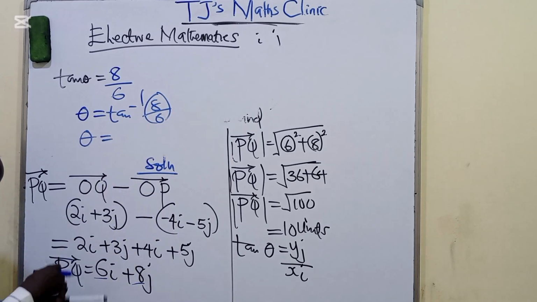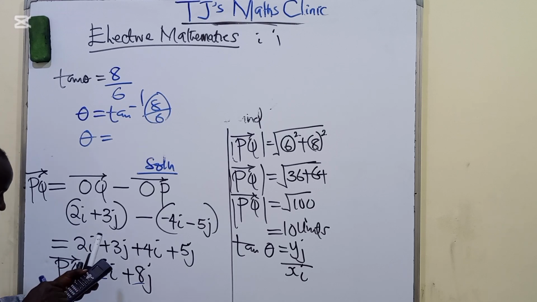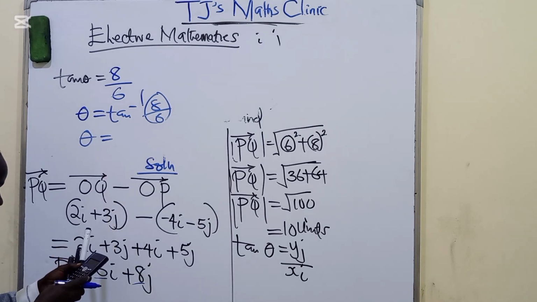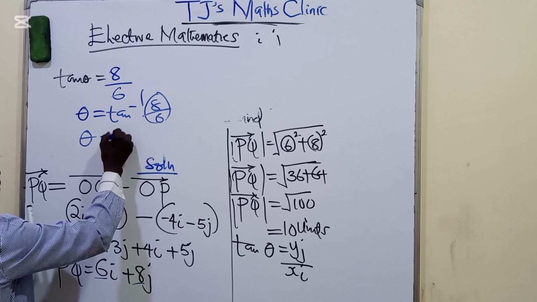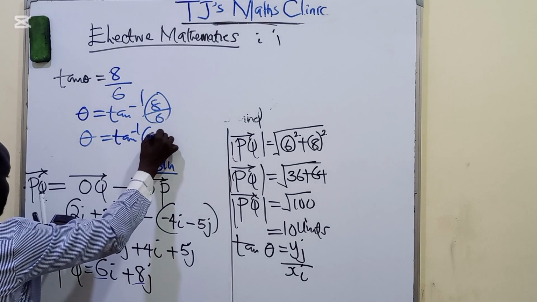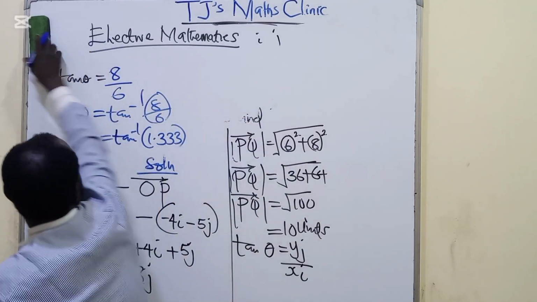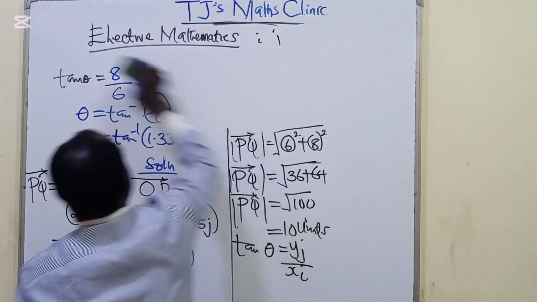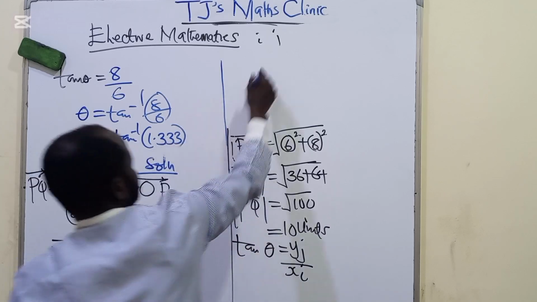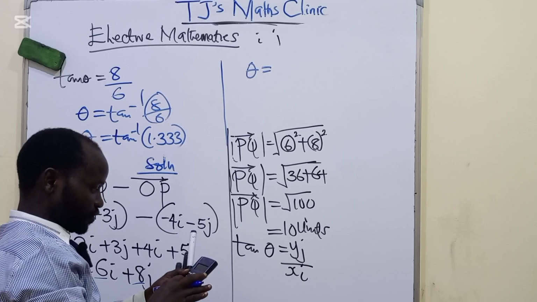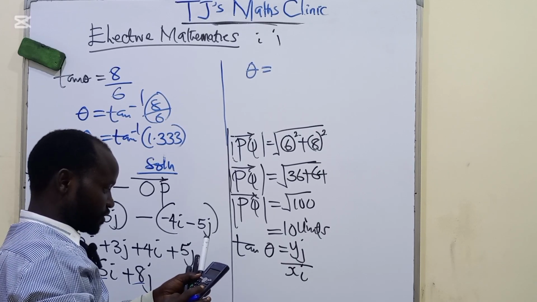Theta will be, what will be the tan inverse? Let's press shift, then tan inverse of 8 divided by 6. We can divide this, that's 8 divided by 6, and we have the tan inverse of 1.333. Our theta will be the tan inverse of 1.3333.